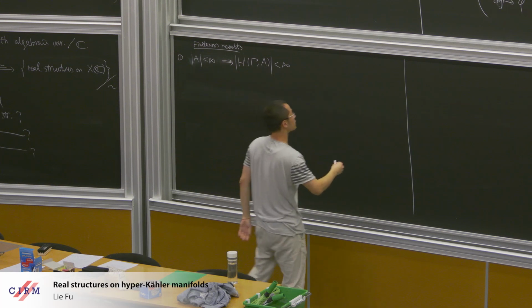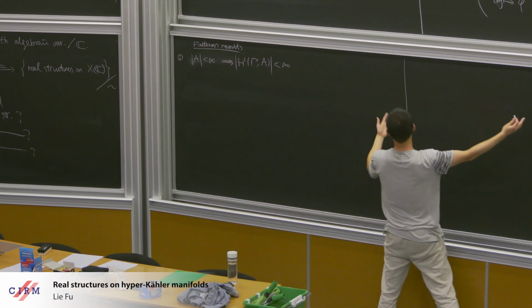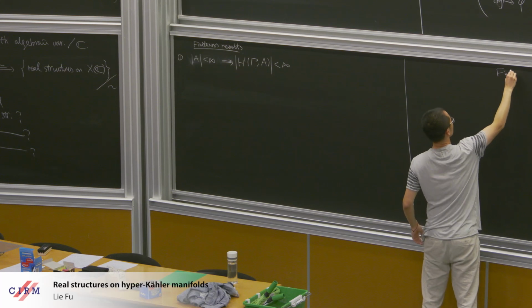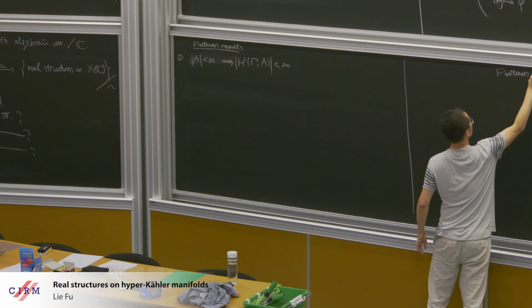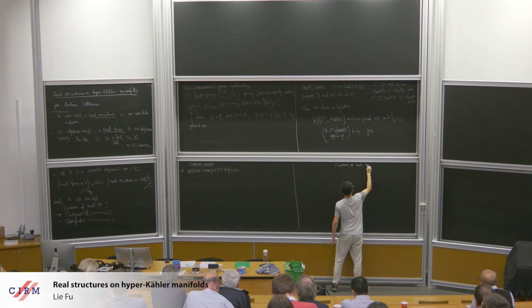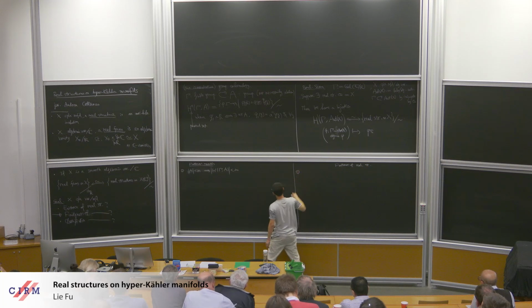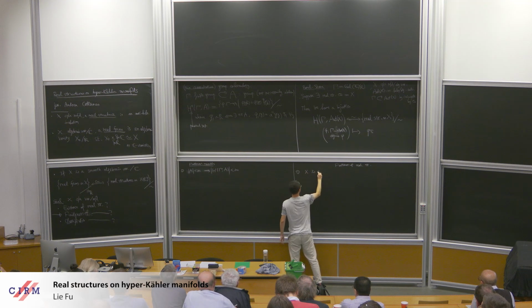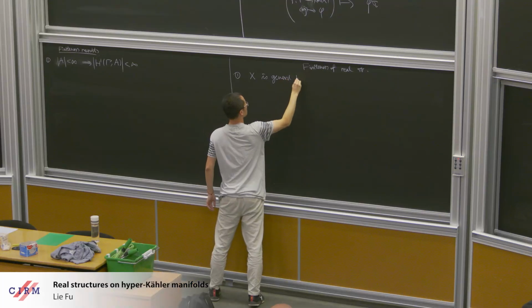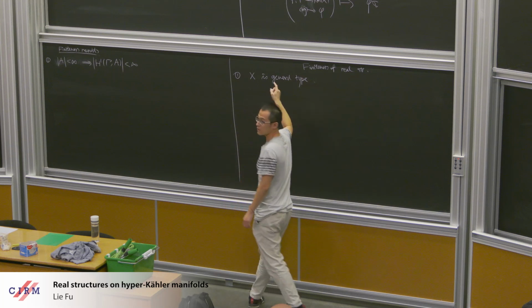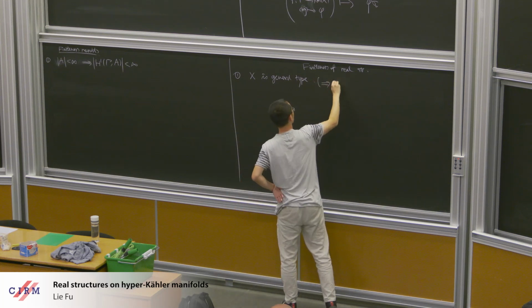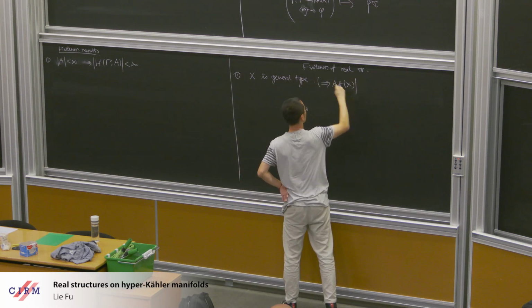Using this result, you can already see a finite list of real structures. If X is of general type, then we know that the automorphism group is finite.